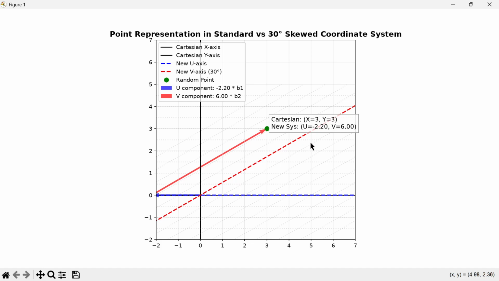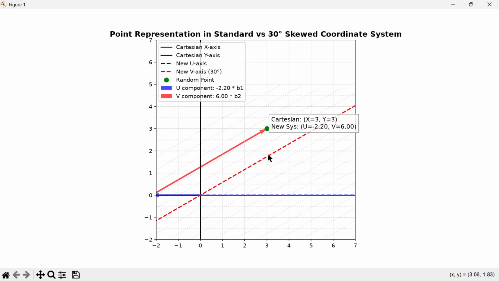In the new coordinate system, where the axes are inclined at a 30-degree angle, this dotted blue line can be the axis u, and this dotted red line can be the axis v. So for the u coordinate, we take the distance from the v-axis along the blue axis.